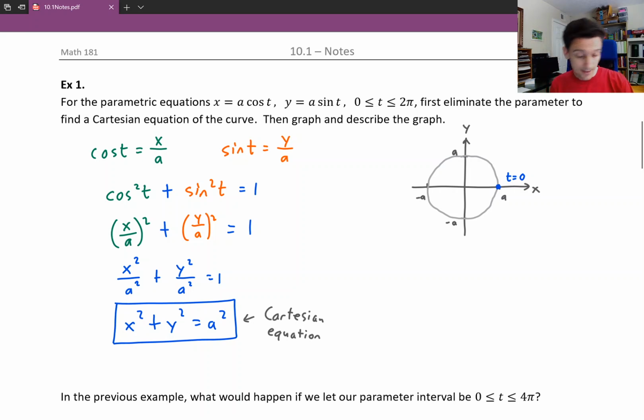Then as you increase your t, let's say to pi over 2, then cosine pi over 2 will be 0, so x will be 0 in that case, and sine pi over 2 will be 1, so you'll get y equals a. So here's the t equals pi over 2 point. Then t equals pi will be on the left side of the circle, t equals 3 pi over 2 will be on the bottom, and then t equals 2 pi will be all the way around the circle. So it seems like we're traveling counterclockwise around the circle once.